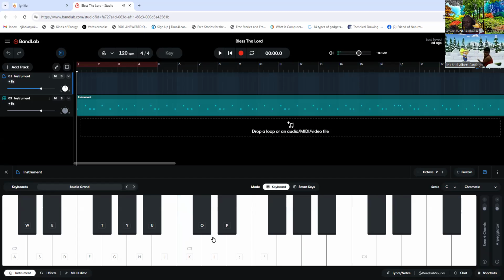Then, if you want to play the second one, which is double F, F on the left and F on the right, you're going to use your last finger, the little baby finger, then the thumb. Look at this.